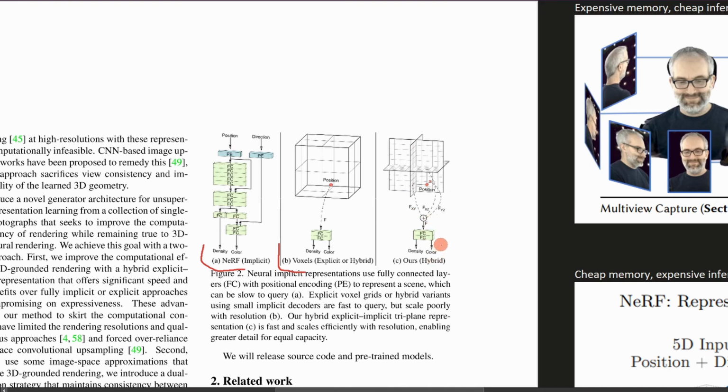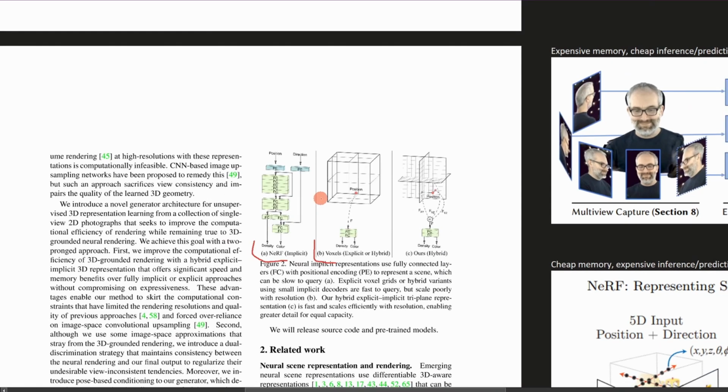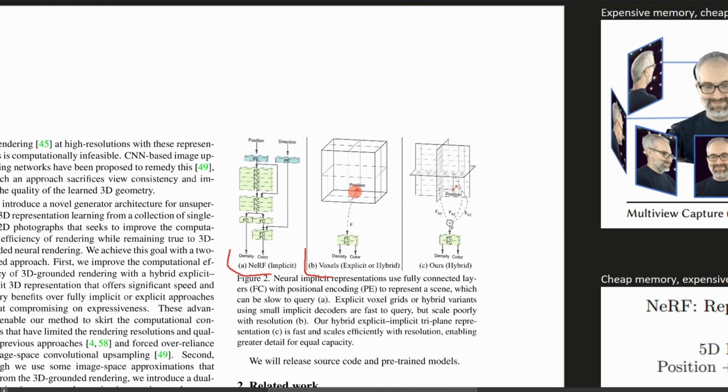The main idea is that NeRF is memory efficient, so the memory is cheap, but the inference is very expensive. If you want to get the density and color from a certain point of the scene, you have to do a forward pass, which is way costlier compared to, for example, this voxel approach.